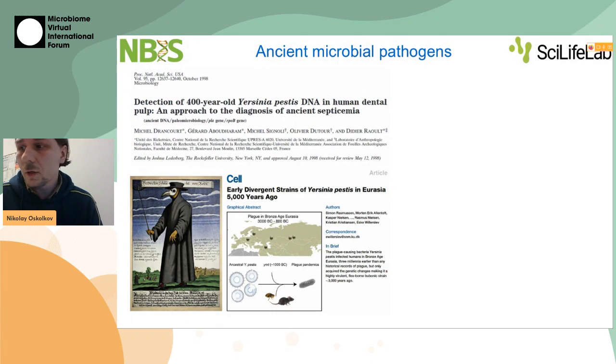And since then, when next generation sequencing came, there were many studies detecting different interesting pathogenic viruses and bacteria in different archaeological sites and samples. So it became a very popular area of research, and many labs routinely screen their ancient samples for microbial pathogens.